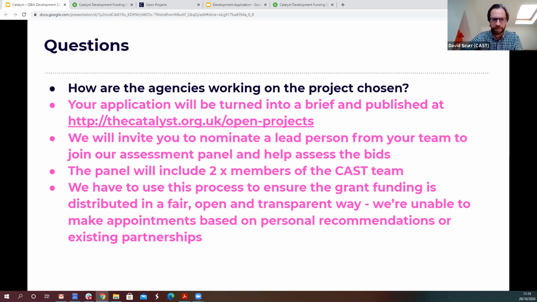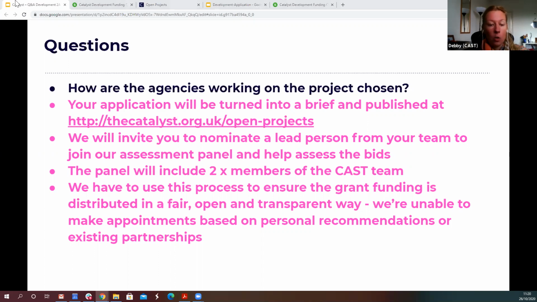Yeah, just there is one exception here potentially. So if you have worked already with a partner, and have already taken your next steps on your challenge, if you went through an open procurement process, then potentially you could continue to work with them, but we need to see evidence that you've gone through an open procurement process.